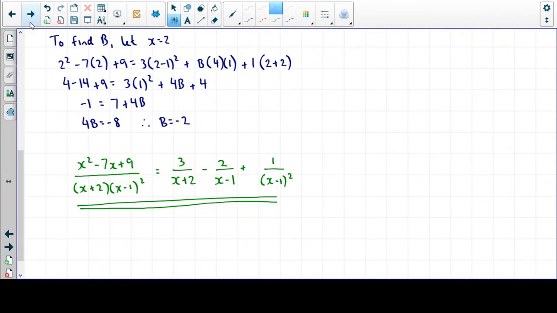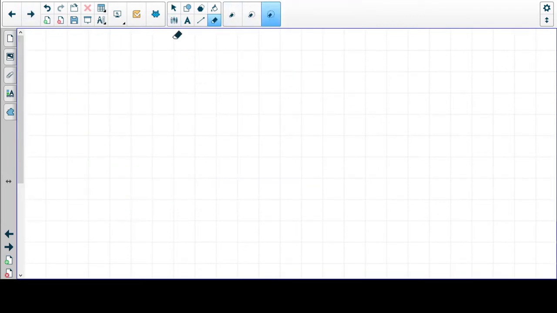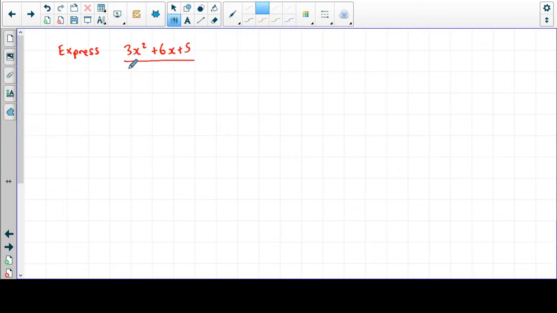Okay, we've got one more example that we're going to look at. Okay, here's our second example. So we're going to express 3x squared plus 6x plus 5 over x minus 3, x plus 2 squared in partial fractions.